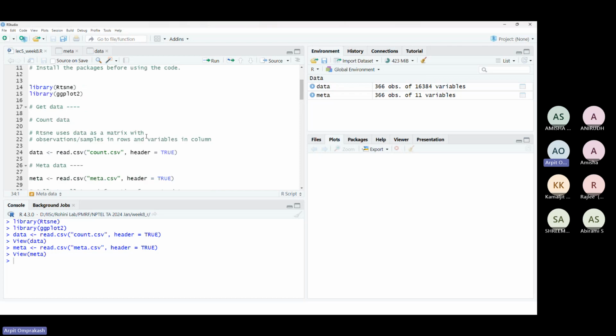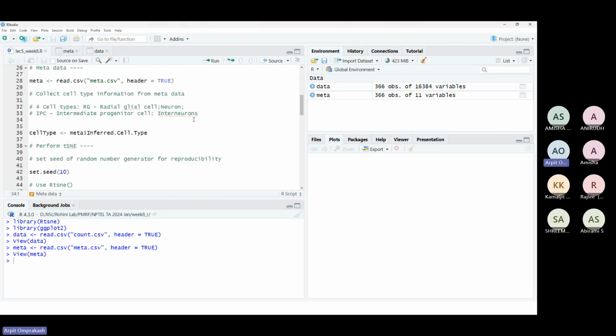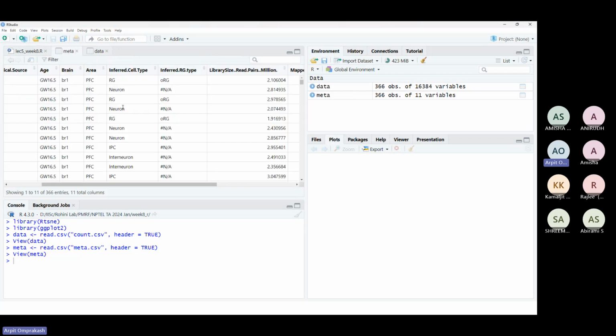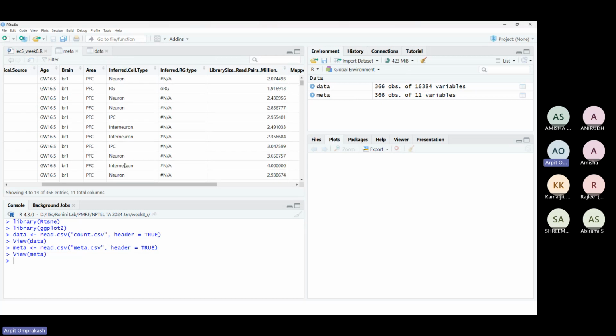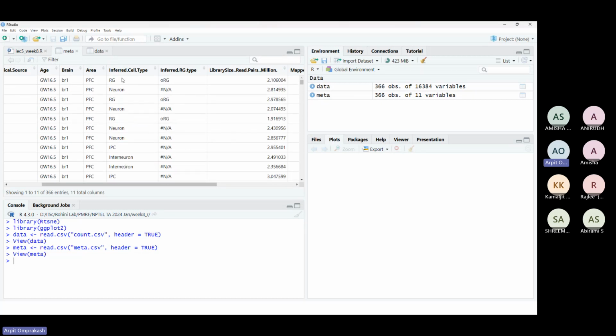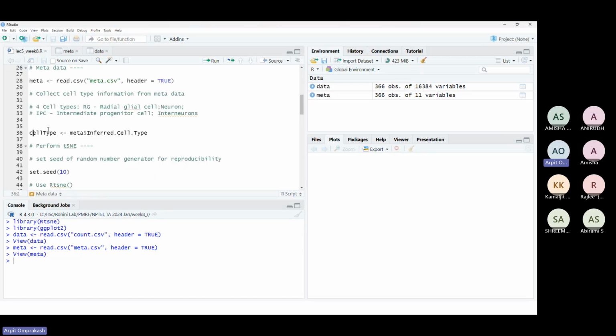So we want to visualize this data. Okay. So first we'll store the inferred cell type, the label data for all these data points that we have, into a new vector called cell type. So cell type is meta dollar inferred cell type.